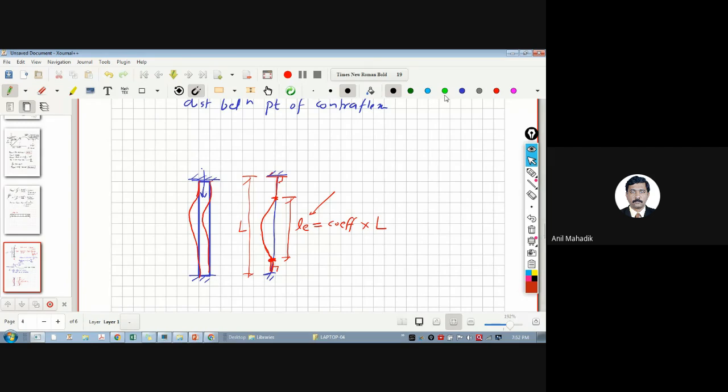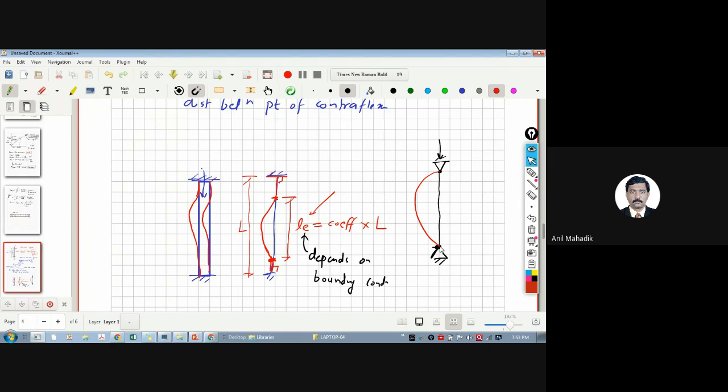Now we can say that L effective depends on boundary conditions. Boundary means supporting conditions. Instead of fixed support, let's say I am having a hinge support like this. Both are hinged, let's say. That means this is a pin, this is a pin. If you apply load like this, then it will try to buckle from here itself, right? Because it can rotate at this point.